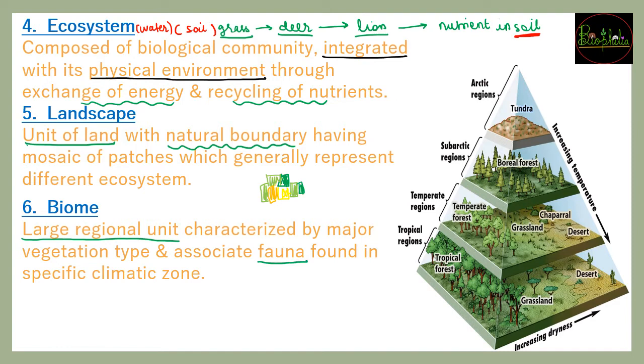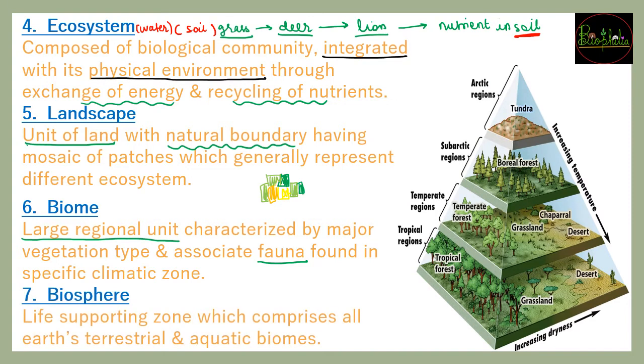So when the major type of vegetation changes along with the flora, at that time the biome is going to change along with the climatic zones. So biome जब change होता है, there is going to be change in the plants, change in animals, and even in the temperature.